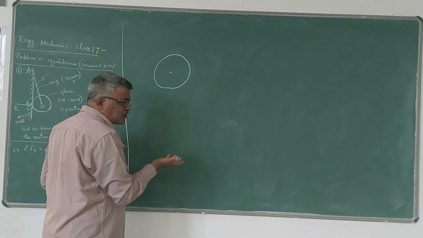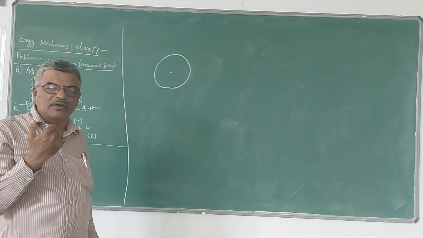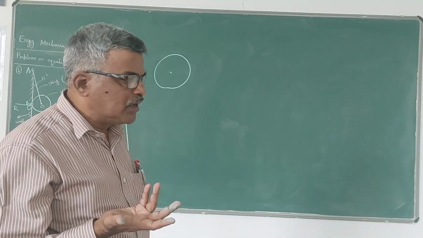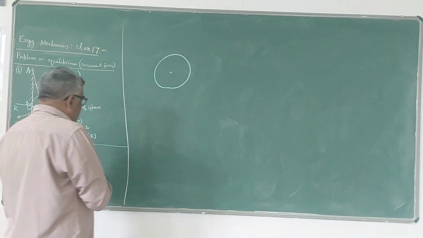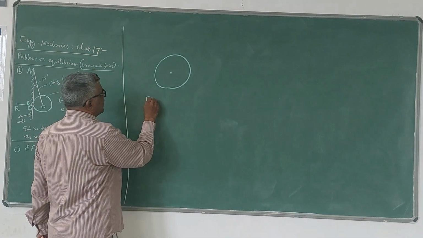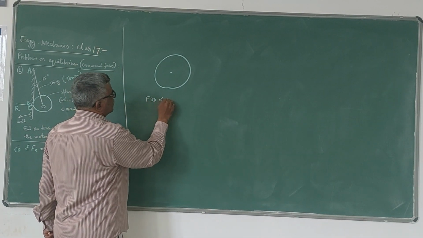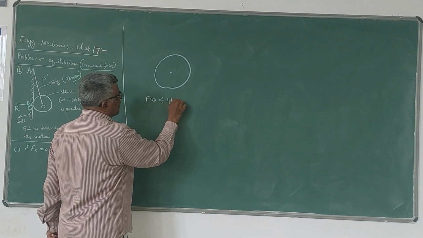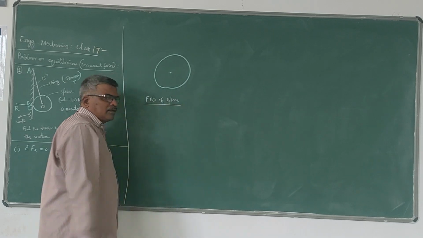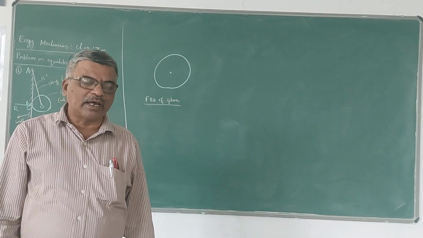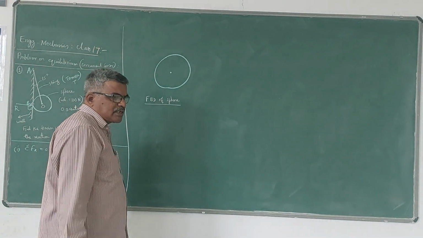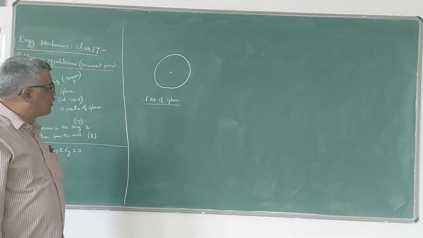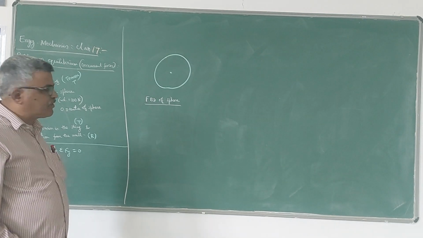So what are the forces acting on the sphere, and what is the reaction that is going to develop, and weight of the sphere, all this will come into picture when you are writing the free body diagram, FBD of sphere. So whenever you are analyzing any problem in mechanics, we have to write the free body diagram, and we have to show the forces and reactions and the weight of that particular object, and then we have to use the equations of equilibrium.